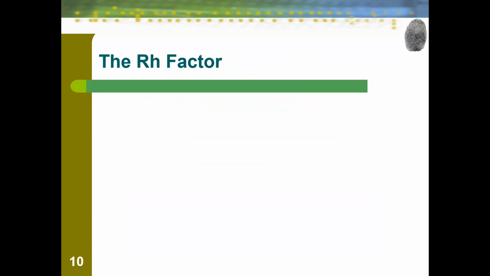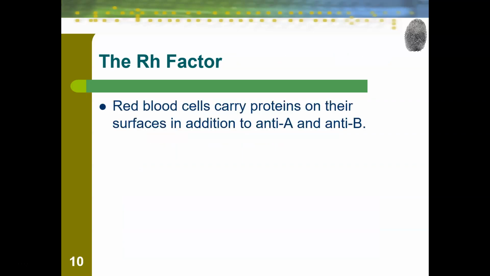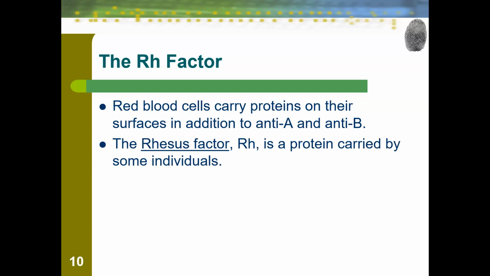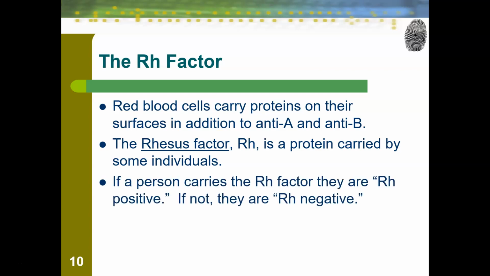Now you might be thinking, but I've heard them talk about blood types in terms of positive and negative. Where does that come in? So red blood cells carry proteins on their surface in addition to the anti-A and anti-B. And one of those is the rhesus factor, which is called the Rh factor. This is a protein that is carried by some individuals. If a person carries the Rh factor, they are called Rh positive.